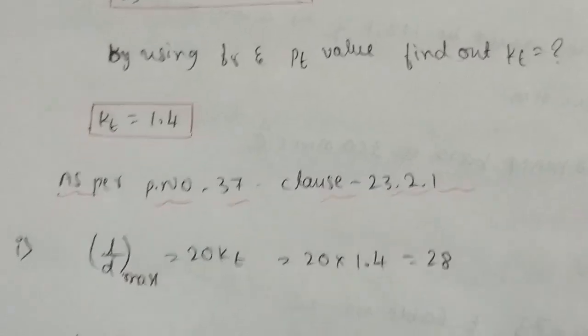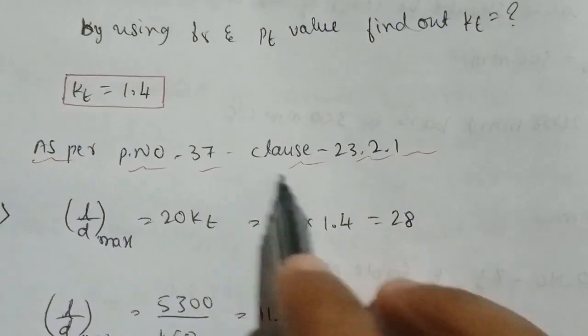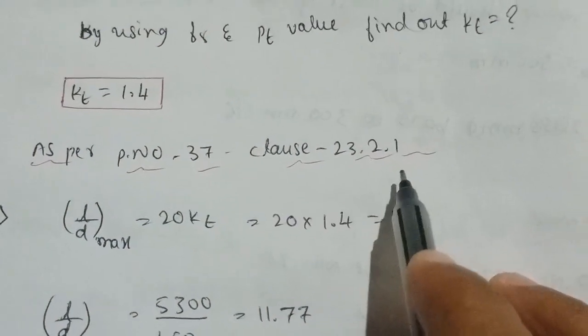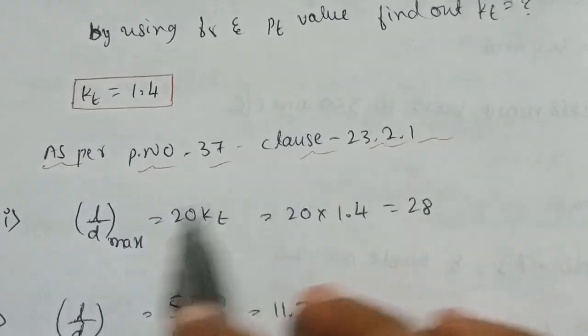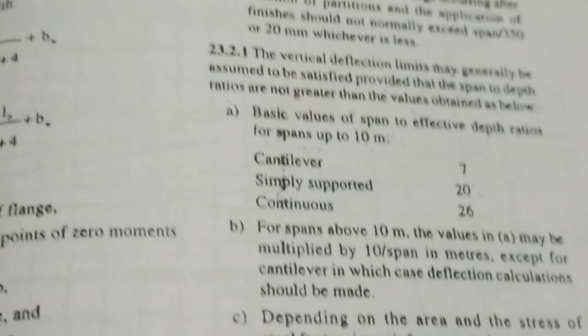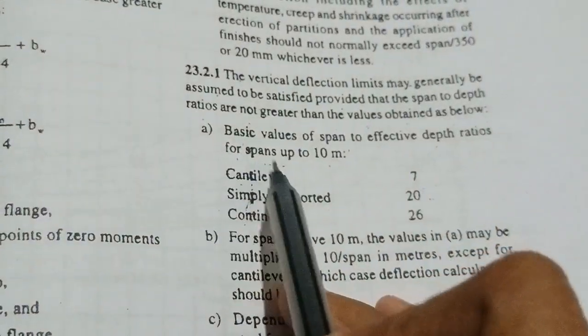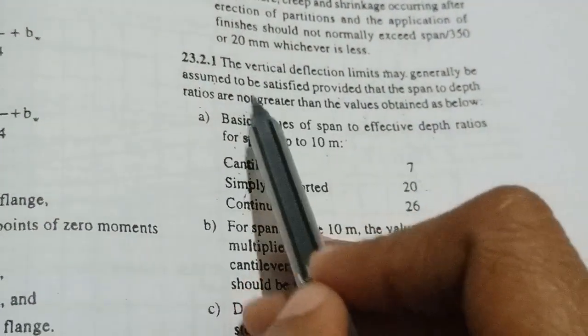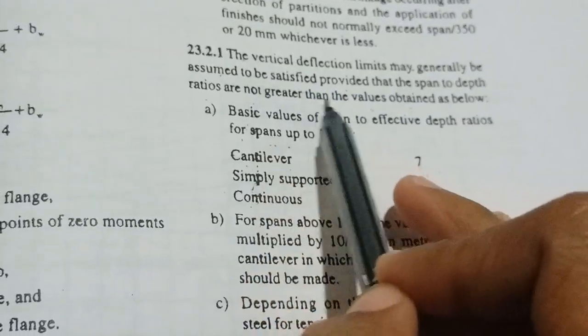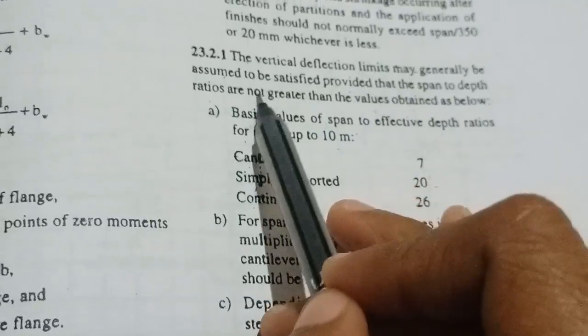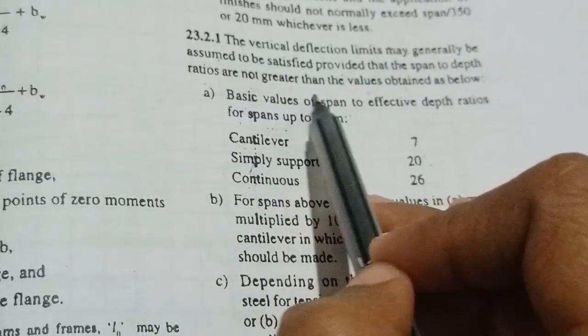Now, as per page number 37, clause 23.2.1, I will show what they have said. The vertical deflection limit may generally be assumed to be satisfied provided that the span to depth ratios are not greater than the values obtained below.